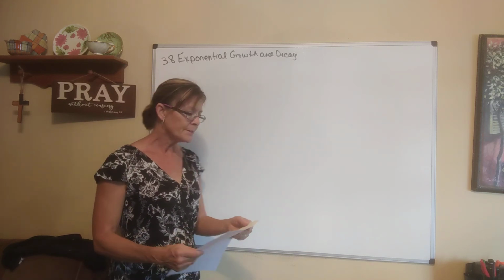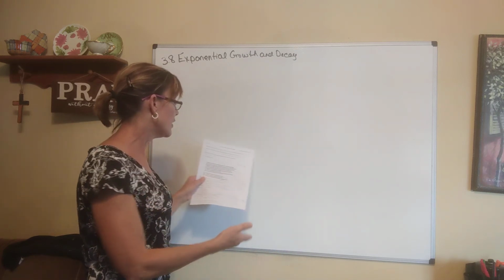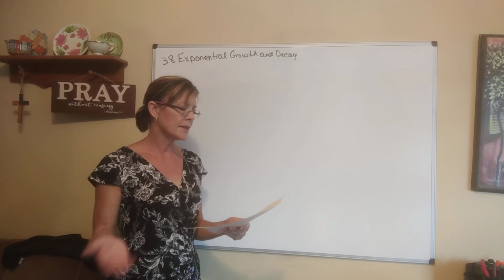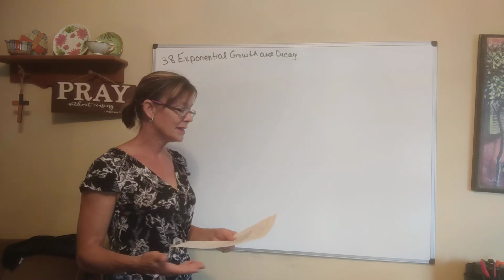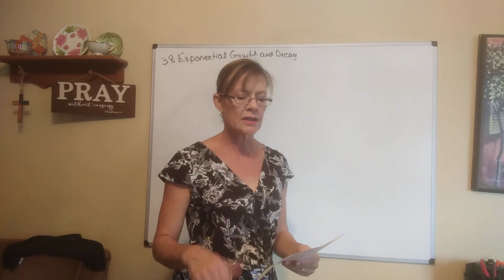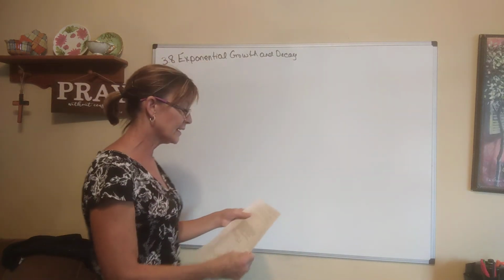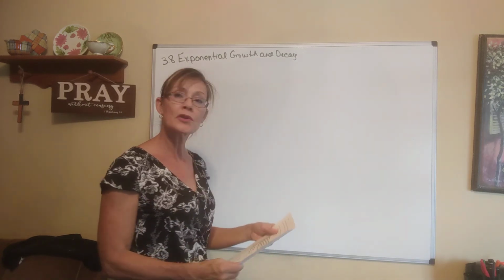So basically, you have a worksheet that I've provided with this video, and at the top there are some blanks to fill in. It says, when a quantity grows at a rate blank to its blank, it's growing blank. What goes in the first blank is proportional.